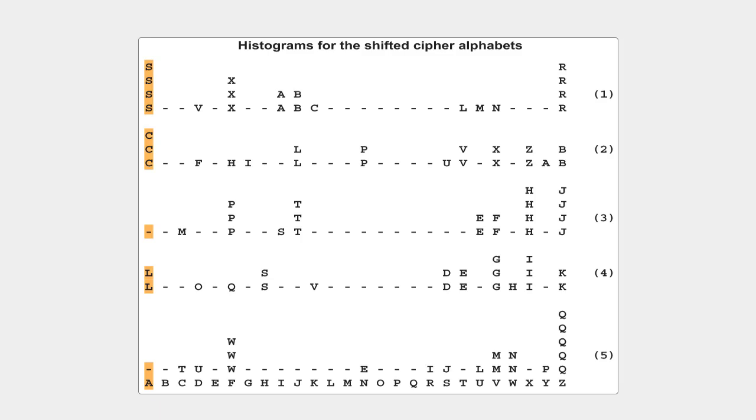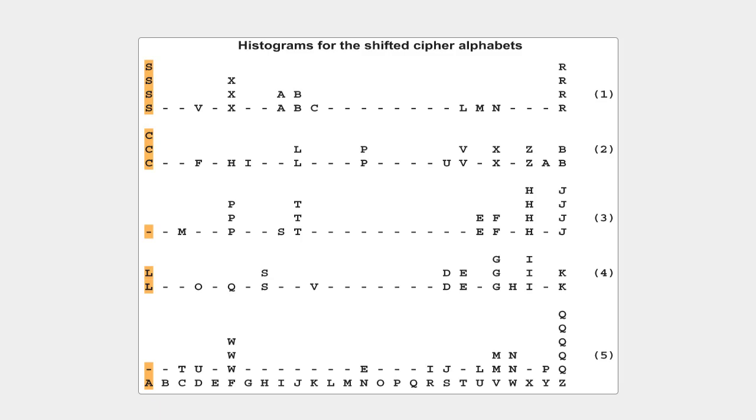The following figure shows the histograms of the 5 cipher alphabets, shifted to match up their peaks and valleys. All of the ciphertext letters in the first column, shaded, represent the same plain text letter. This means S in the first alphabet, C in the second alphabet, and L in the fourth alphabet all represent the same letter. Replace all of these by A. There are no letters in the second column.